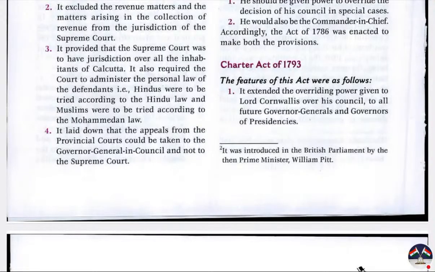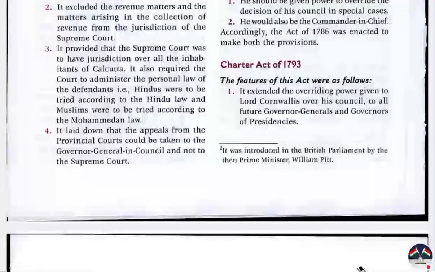Thirdly, it provided that the Supreme Court was to have jurisdiction over all the inhabitants of Calcutta. It also required the court to take into account the personal law of the defendants: Hindus were to be tried according to Hindu law, and Muslims according to Mohammedan law.